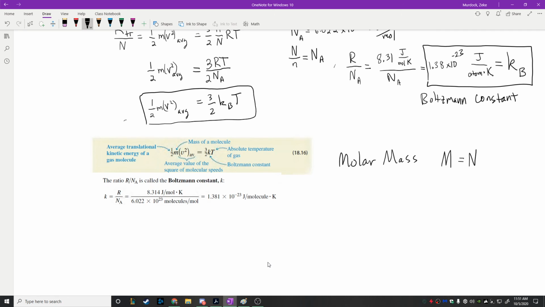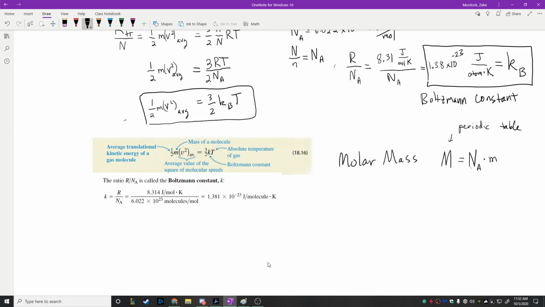Avogadro's number, the number of atoms per mole, multiplied by the mass of a single molecule, gives us what's called the molar mass. And the molar mass is the thing that you get from the periodic table. The molar mass of carbon is 12, for example, and that's in grams per mole.